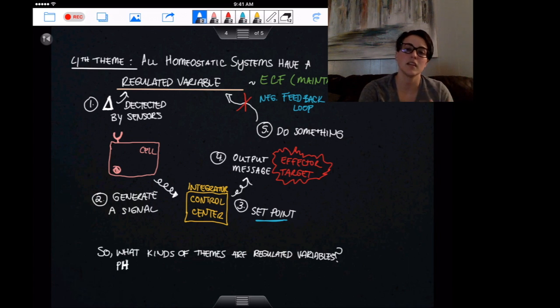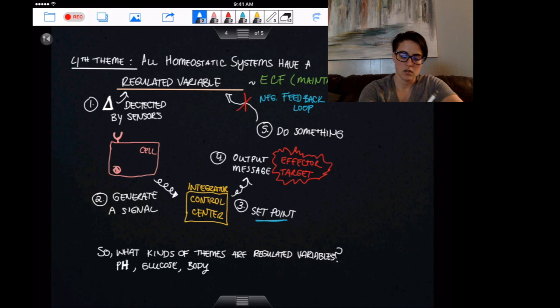If something is too acidic in the body, like blood pH, if our blood is too acidic or too basic. Glucose, so blood sugar. Body temperature is another good one. All right, so that's it for the 4th theme.